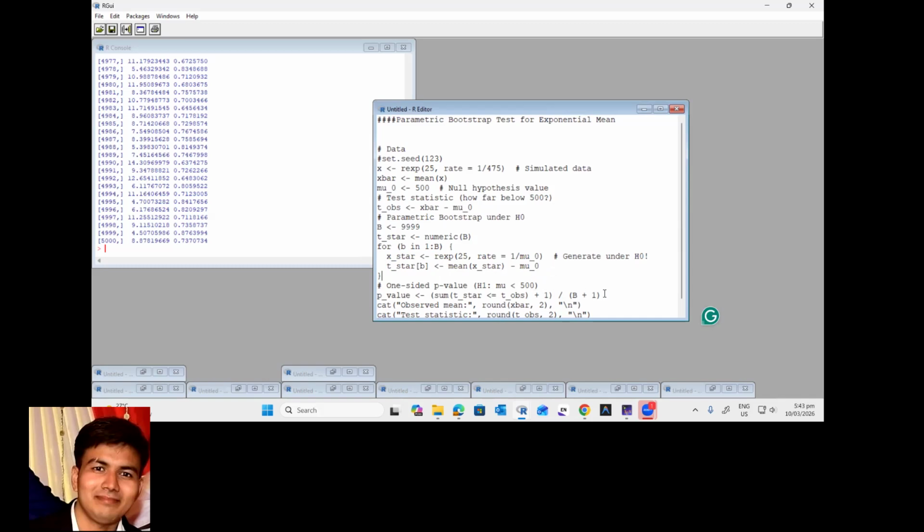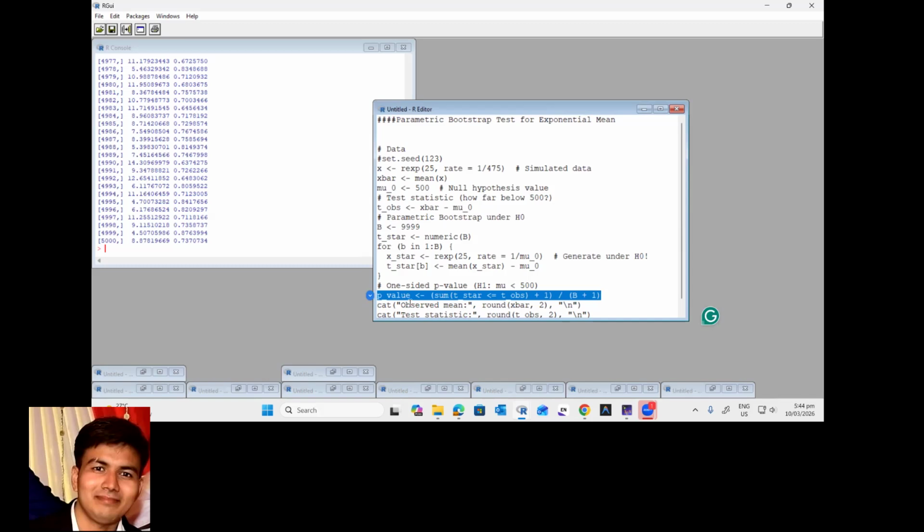After that, we calculate the p-value. The p-value will be the sum of t stars that are less than or equal to t observed, plus 1, divided by b plus 1. The sum of t star less than or equal to t observed counts how many bootstrap statistics are less than or equal to the observed test statistic t observed.